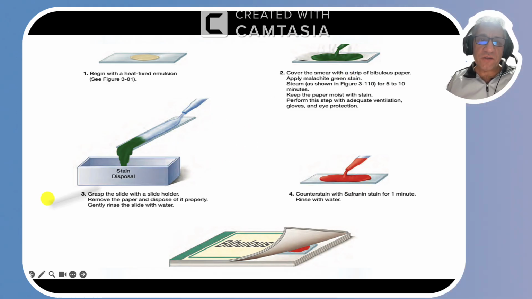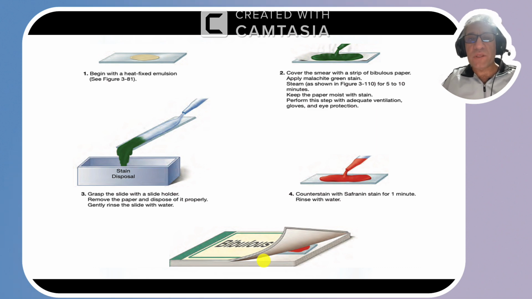And after safranin, you do the wash with water, and then dry it with filter paper or a piece of towel, and then put the oil drop and use the oil lens under the microscope to see the spore stain and the cell, of course. The spore will be green and the cell will be red.